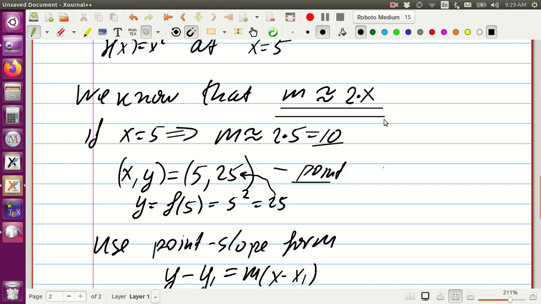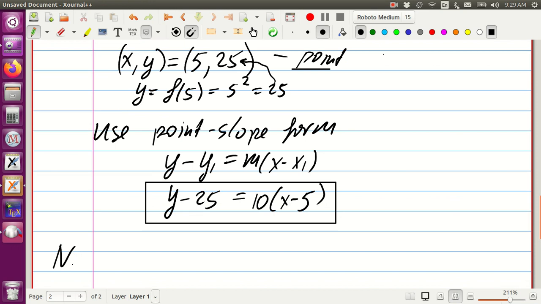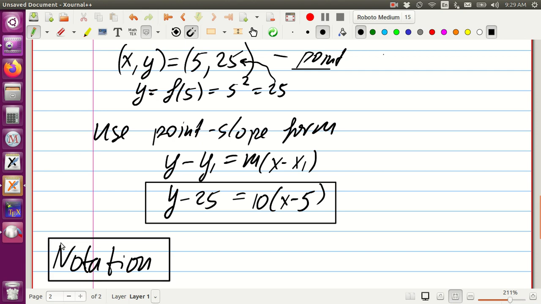So let's talk about notation a little bit to finish this lecture off. What would be our notation for this procedure?